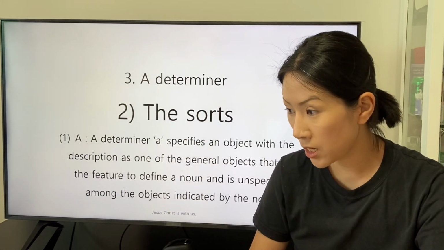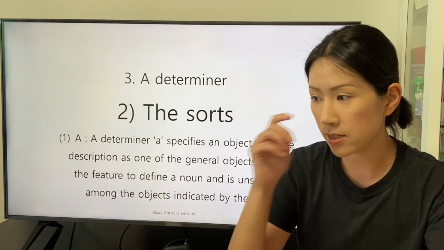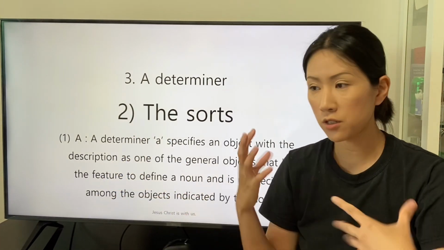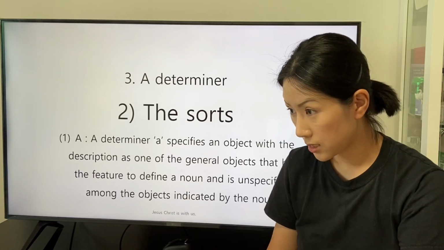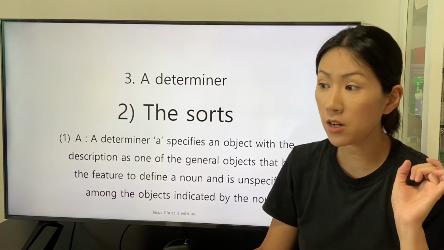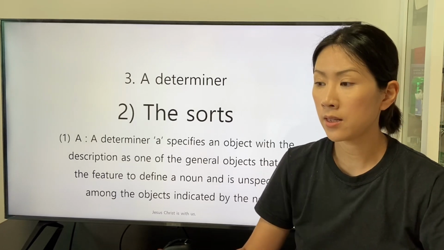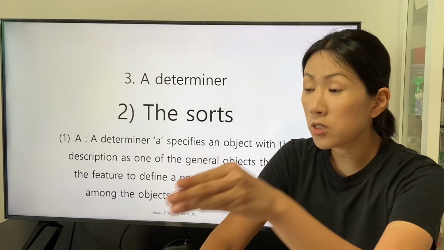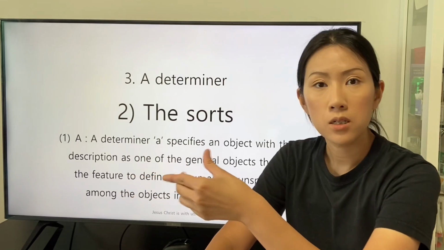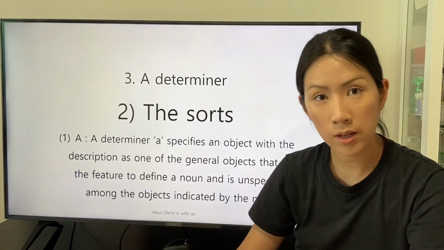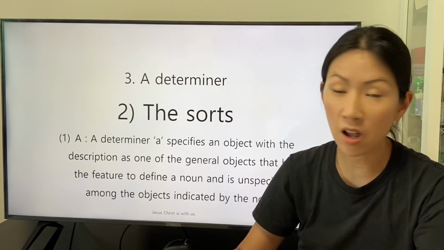The indefinite article as a determiner reveals that the number of the subject or object described by the indefinite article a is 1, and the subject or object described by the indefinite article a is not specified.